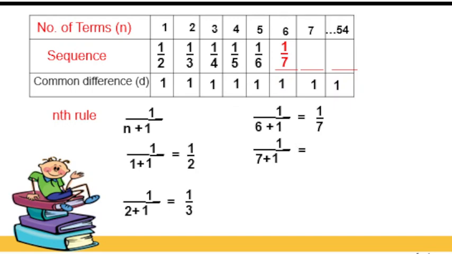And of course, the 54th term, so that is, just add the 54 to 1, so the 54th term is equal to 1 over 55.